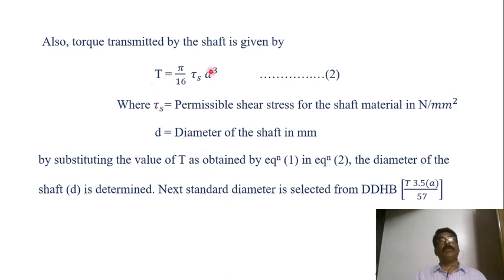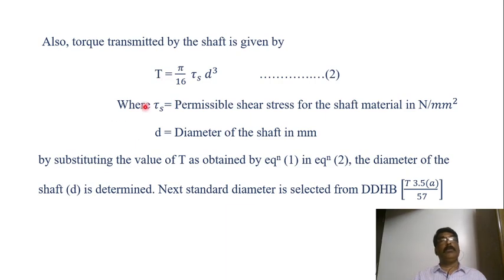Also, the torque transmitted by the shaft is given by T equals pi by 16 tau s into d cube, where tau s is the permissible shear stress for the shaft material in Newton per mm square, and d is the diameter of the shaft in mm. By using this, we will get the torque transmitted by the shaft in Newton mm.